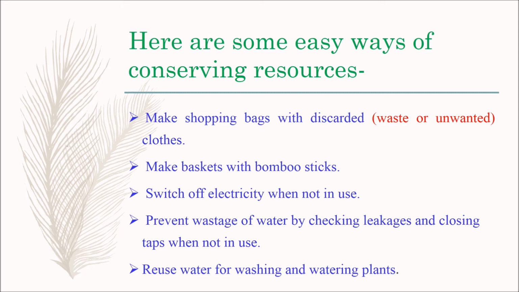Then make baskets with bamboo sticks. Switch off electricity when not in use. Next, prevent wastage of water by checking leakages and closing taps when not in use. And finally, reuse water for washing and watering plants.